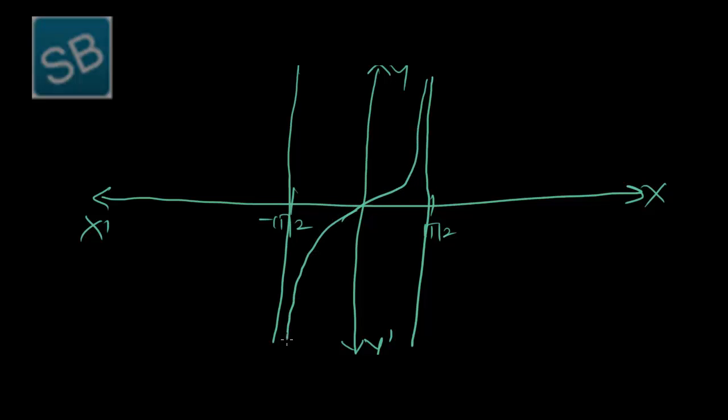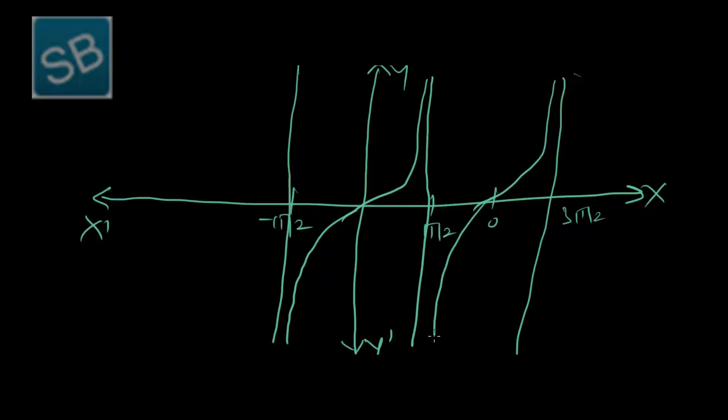It is not defined at infinity. So at 3 pi by 2, it has a graph just like this. And at minus 3 pi by 2, it has a graph just like this.